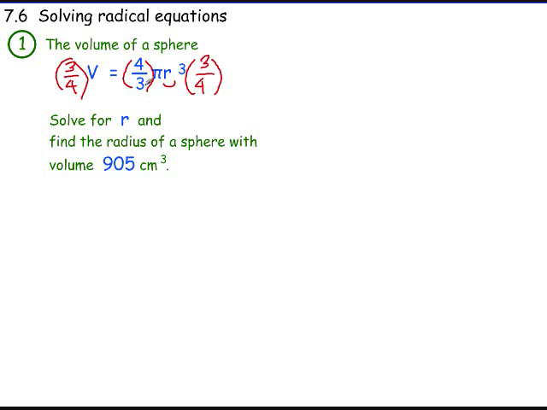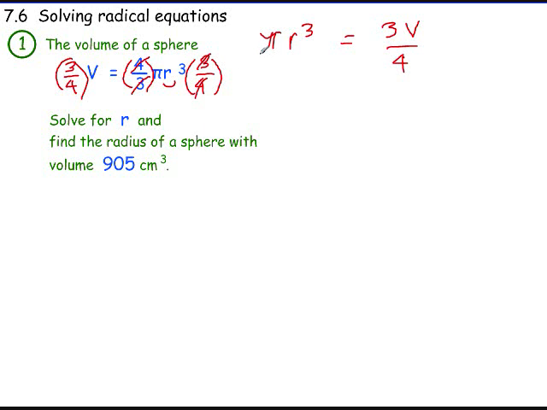Now I'm going to simplify this. So that's 1. And I'm just going to take this side. Pi r cubed, and it's going to be equal to 3V over 4.